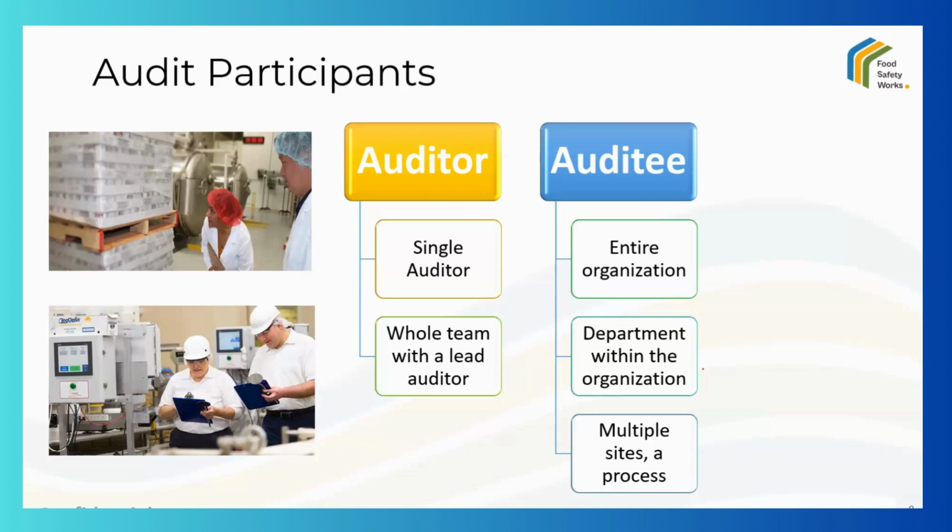All these depend upon my scope, what I define. The number of audit days and audit team depends on the size of the facility, complexity of the operation, and number of food handlers involved in your system. This is a brief on the audit participants, who all are involved in a particular audit.